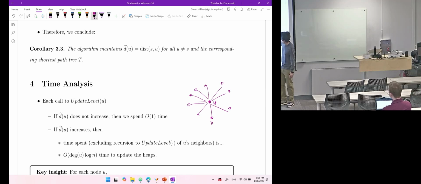If it's constant, then you charge that constant to the time you spend updating the heaps from U anyway, since from U you spend degree time on each neighbor. And if from V you need to spend a lot of time updating the level, I'm taking care of that there. Does that make sense? Okay.